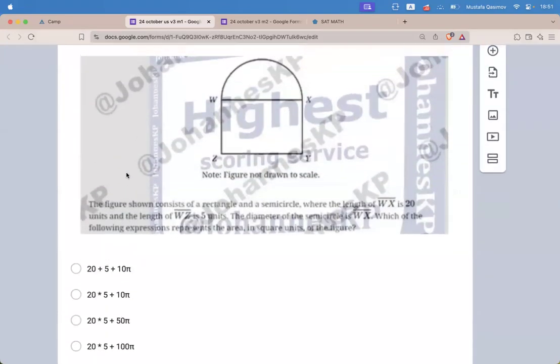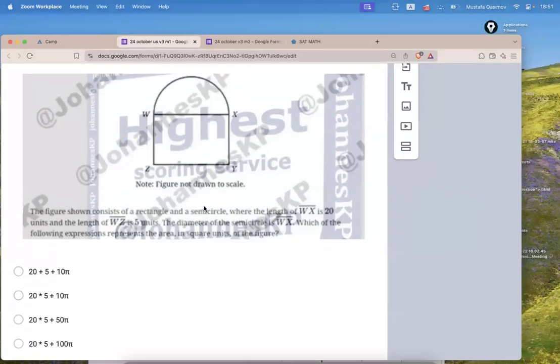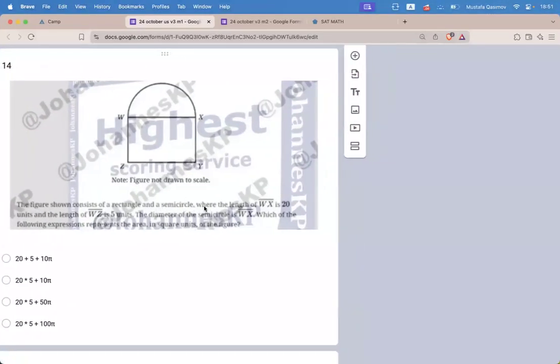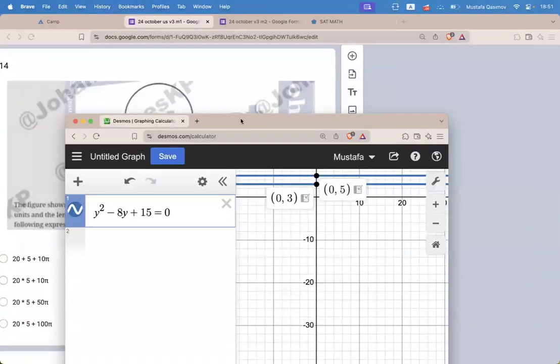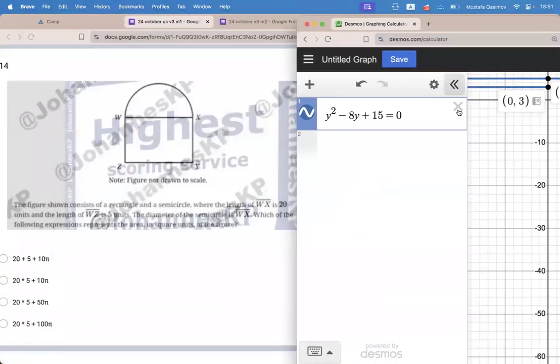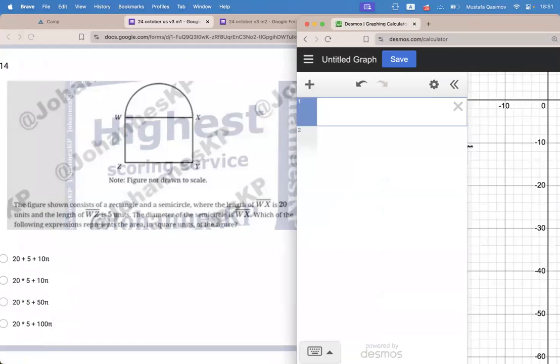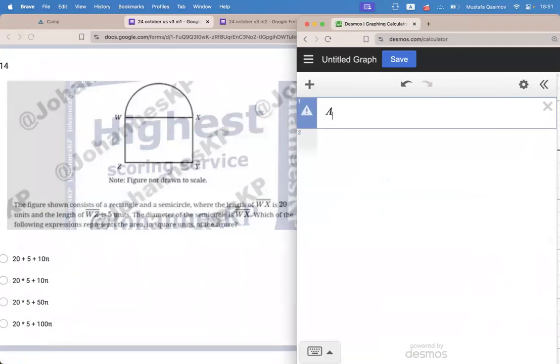14. For 14, we have to find the area of both figures. Just wait 1 minute. You have to think like that. The area of this figure, let's say figure A, is equal to the area of the rectangle plus the area of the semicircle.